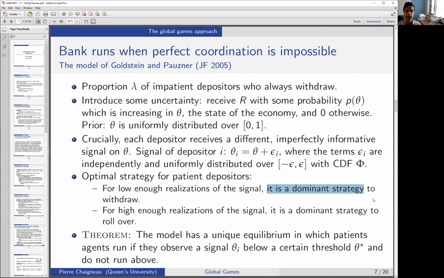And the idea here is that even if everyone rolls over, even if no one withdraws early, the probability P of theta of receiving R instead of 0 is going to be so low that they are better off withdrawing early. So the bank has terrible fundamentals. You should withdraw your savings as soon as possible. And this is a dominant strategy because it is optimal regardless of the actions of other people.